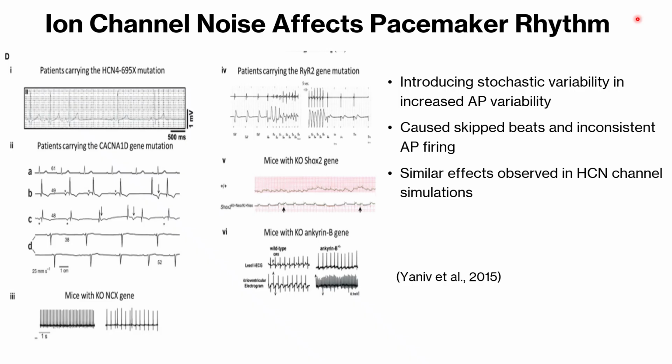In aged or diseased pacemaker cells, ion channel behavior becomes less consistent, and these effects mirrored experimental findings. When noise was introduced to the HCN channel, similar results were obtained, suggesting that when the membrane clock is destabilized, several of its components may contribute to its dysrhythmic firing.